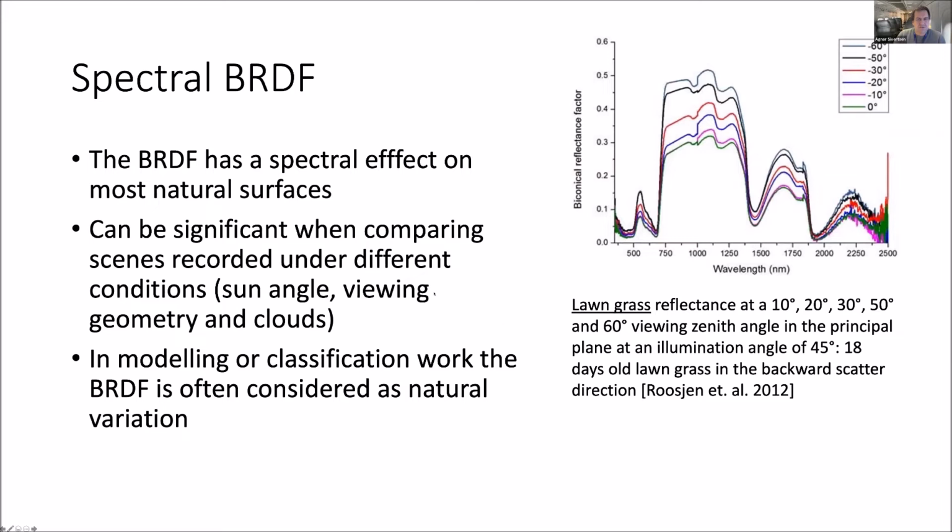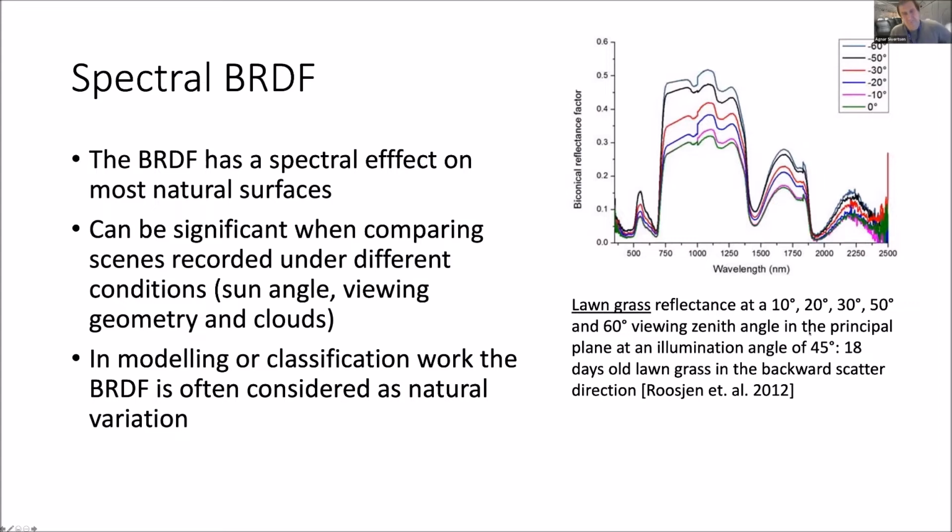So just the spectral properties, as I mentioned, in addition to that the intensity varies depending on the view and illumination geometry. The spectral property can also vary. And on the right here, we have an example of lawn grass measured at 10, 20, 30, 50, and 60 degrees viewing zenith angle in the principal plane.